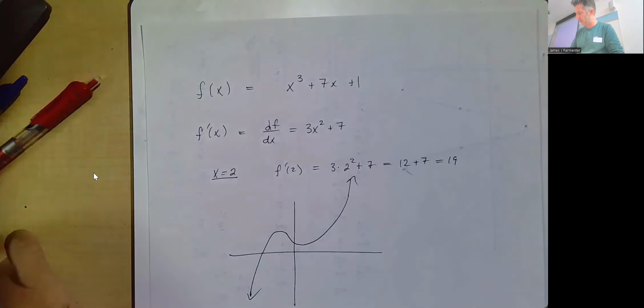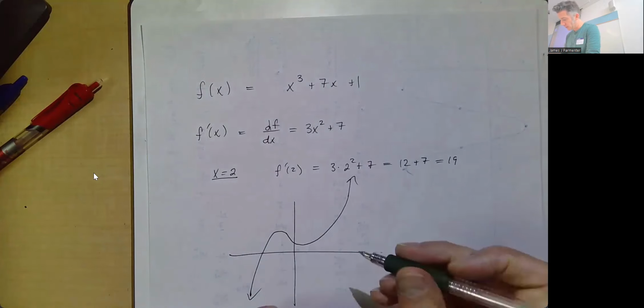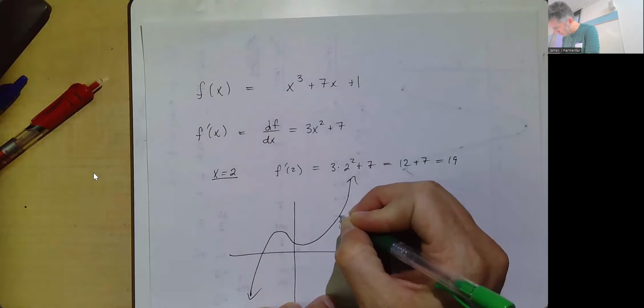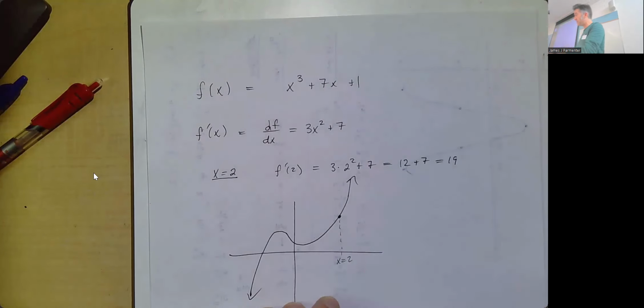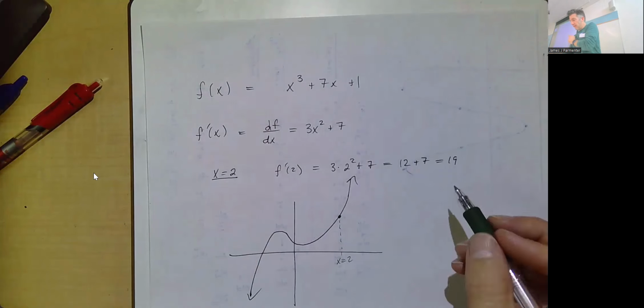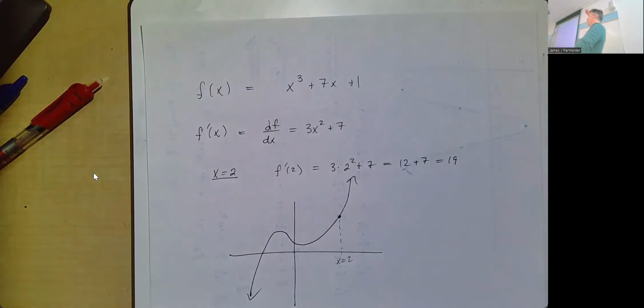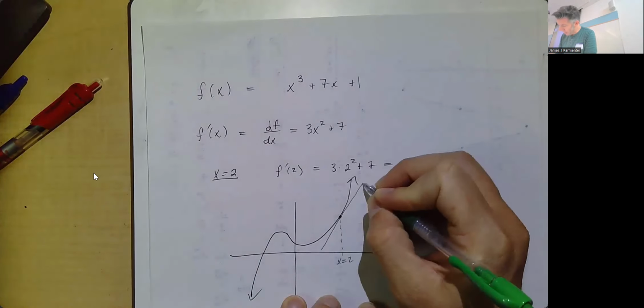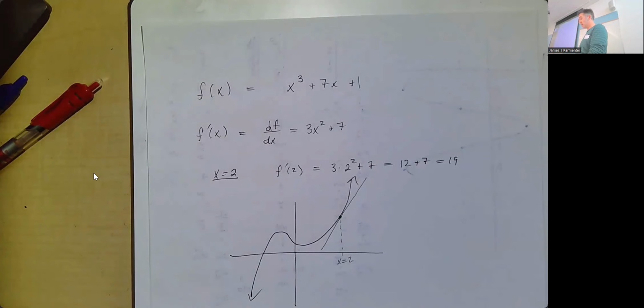Don't draw that, please. But what I want to point out is right at this moment, when x is equal to 2, this function is increasing at a rate of 19 height units per 1 unit over. So it has a slope of 19.